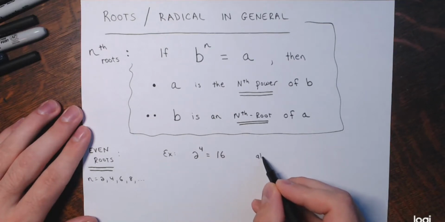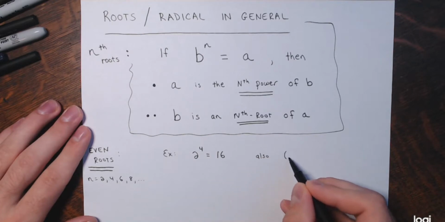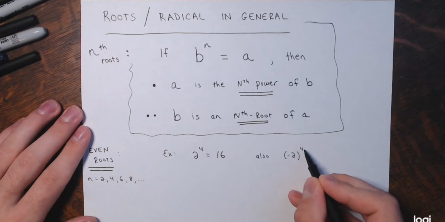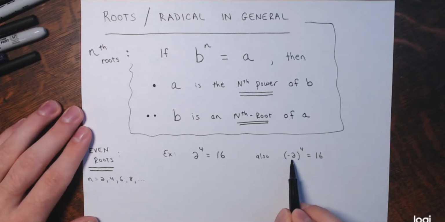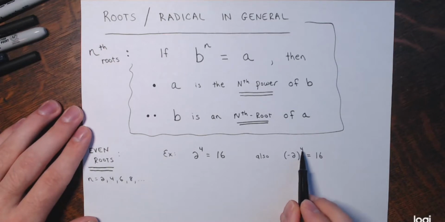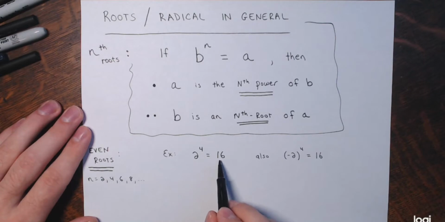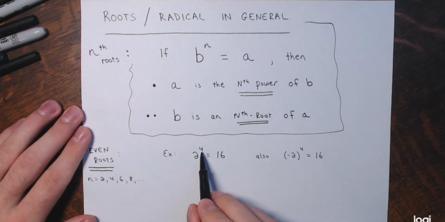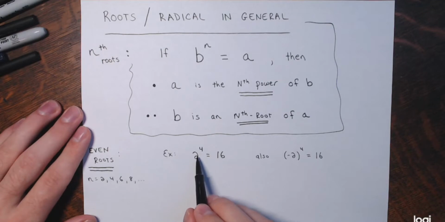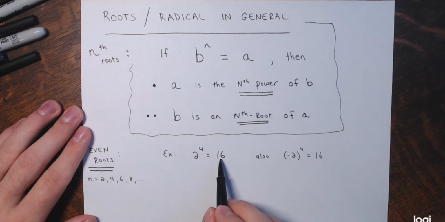But also negative 2 in parentheses to the fourth power is also positive 16. I hope you remember that a negative number to an even power gives a positive result. Really, any real number to an even power will not be negative.